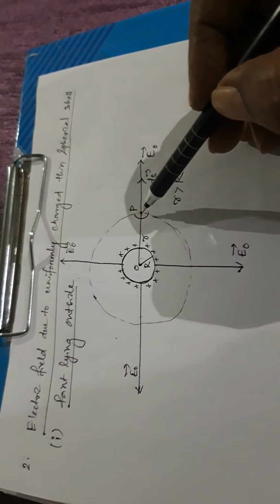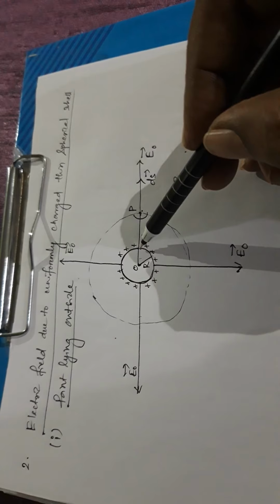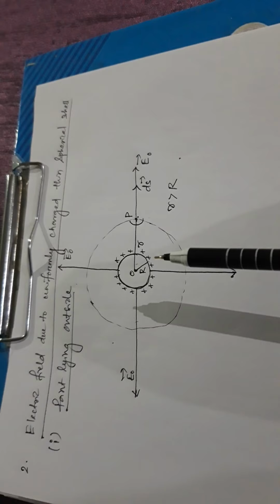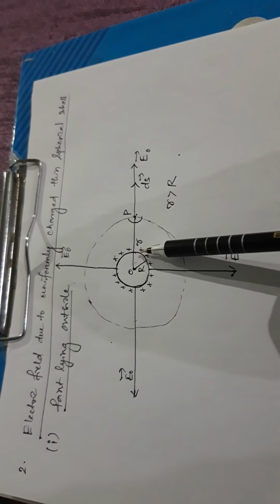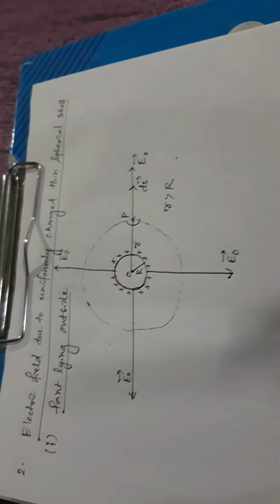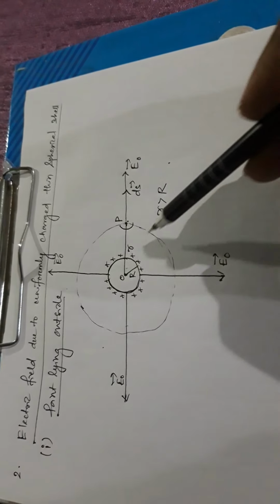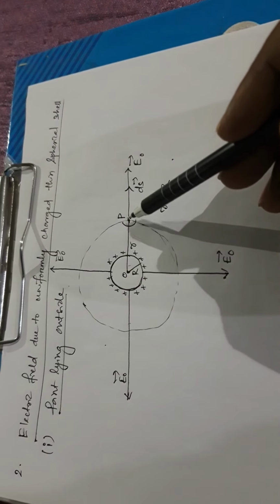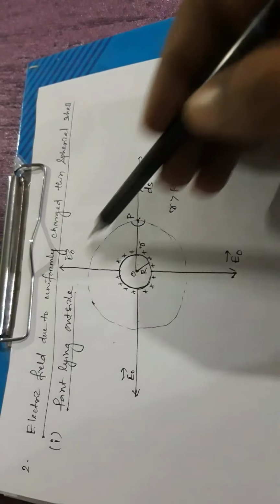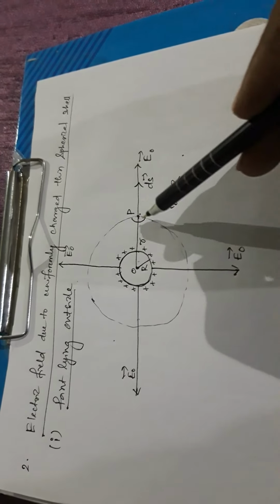Now we'll find out the electric field strength at this point P due to this thin spherical cell of radius capital R. So imagine a Gaussian surface to be a spherical surface, a sphere of radius small r, such that the point P is lying on the surface of this Gaussian surface.